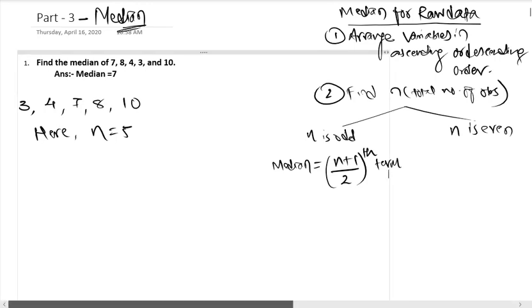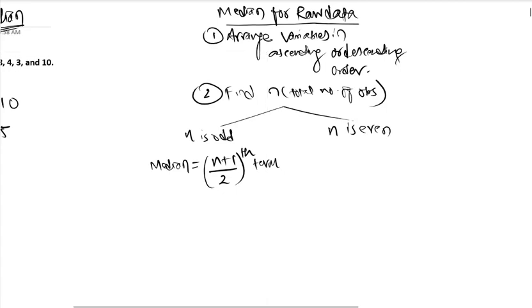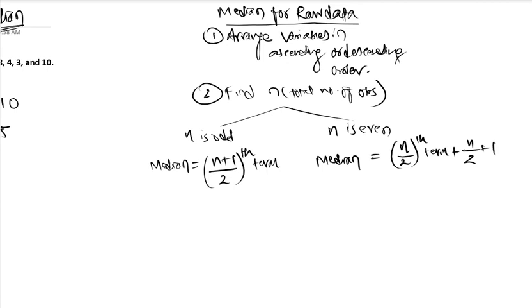And if n is even, now I will explain what do you mean by this, okay? But first understand what if n is even. If n is even, the median is n by 2th term plus n by 2 plus 1th term, the whole upon 2.